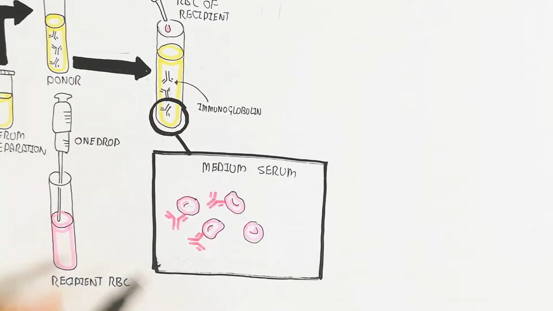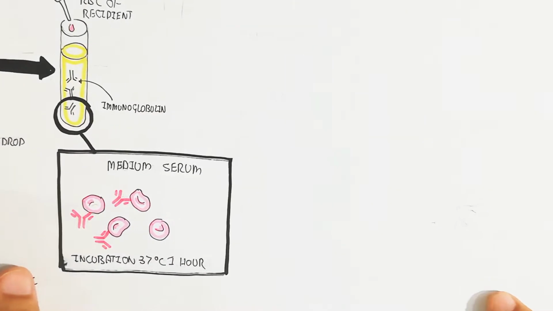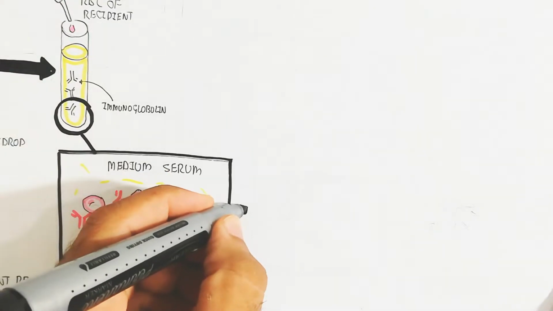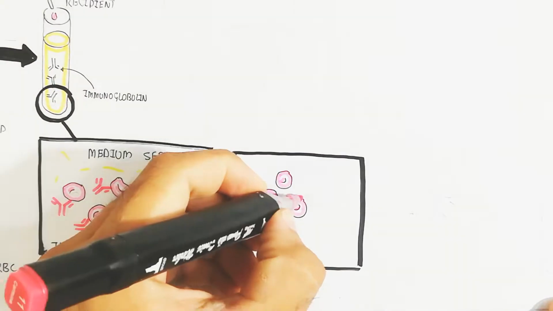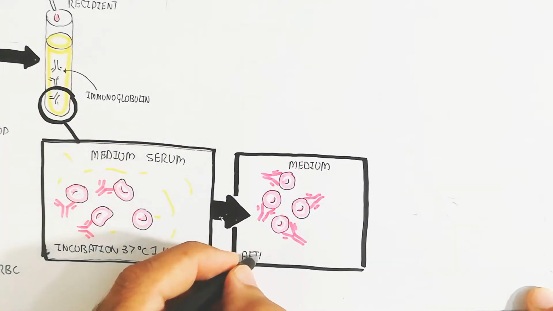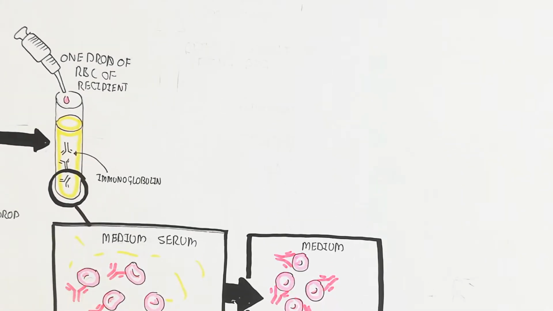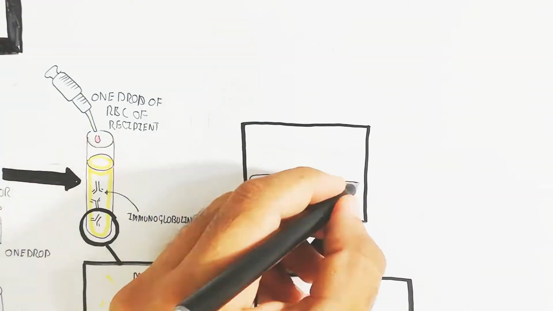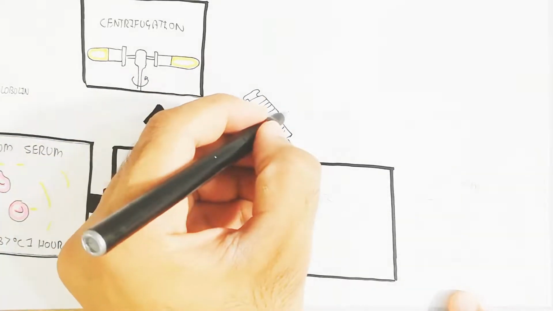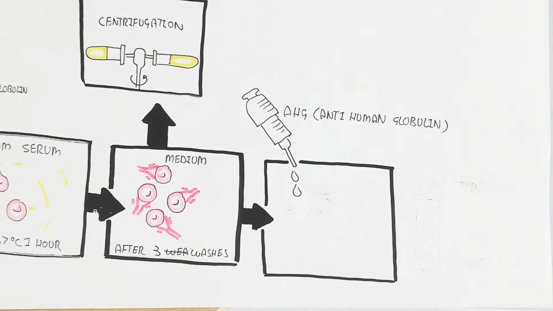So what will happen? That's the whole story we will show. This is the medium serum, which contains immunoglobulin, with incubation at 37 degrees Celsius for 1 hour. If this immunoglobulin binds with the RBC, it means it is against the antigen, the donor antigen, for example.